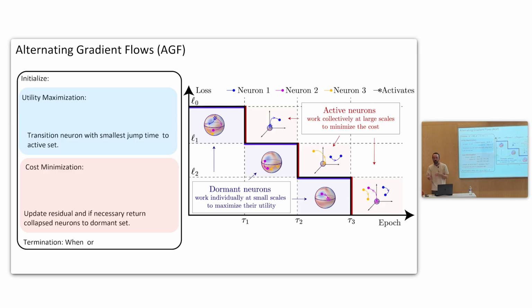In general, that's probably not the case. Can you say the definition of utility again? It's literally the correlation of that neuron's input-output map with the residual, taking the expectation of that over your inputs.